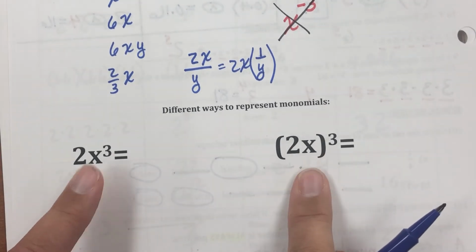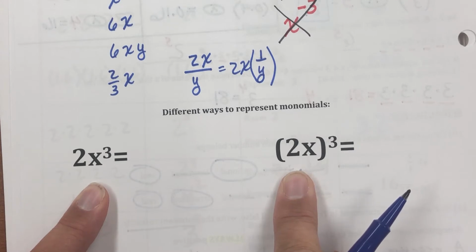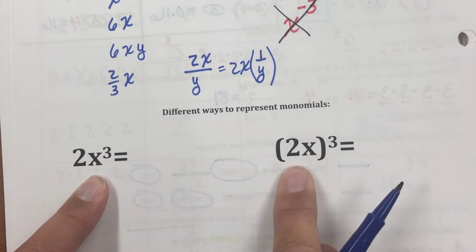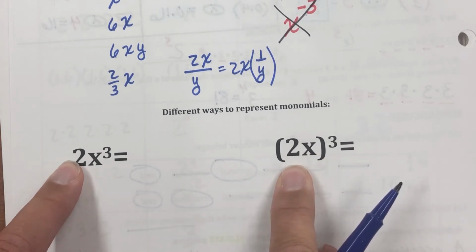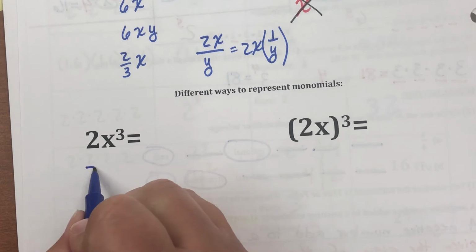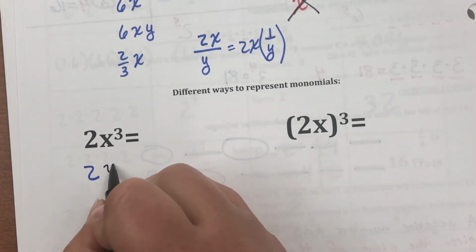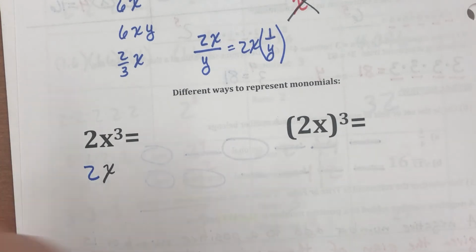And these are very different. What's different about them? Well, for instance, the base is different. This has a base of x, and this has a base of 2 times x. This 2 is not part of the base. What this says right here is 2 times x to the 3rd power.